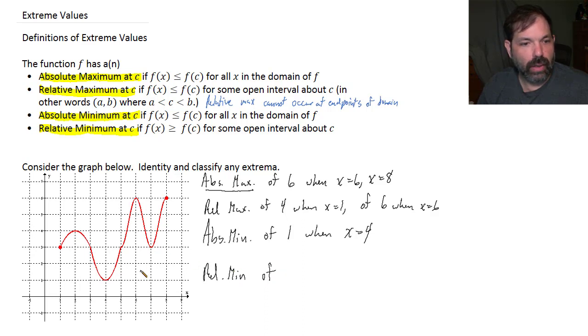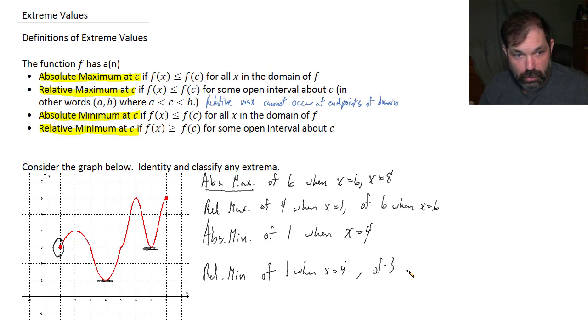So looking at the graph, I see 2 relative minimums. There's a relative minimum at the previous point we mentioned, and there's another relative minimum of 3 when x is 7. Again, this endpoint cannot be a relative extrema. So I have a relative minimum of 1 when x equals 4, and a relative minimum of 3 when x equals 7.